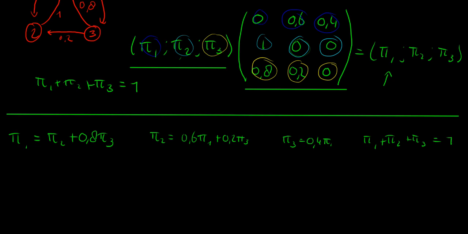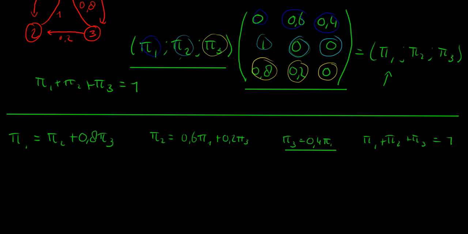So let's solve this. And we can solve this by working towards 1 pi value. And right now, let's work towards pi 1 because pi 3 is already written down in pi 1, which makes it way easier. So we only have to rewrite pi 2 actually. So we know that pi 3 is 0.4 pi 1.